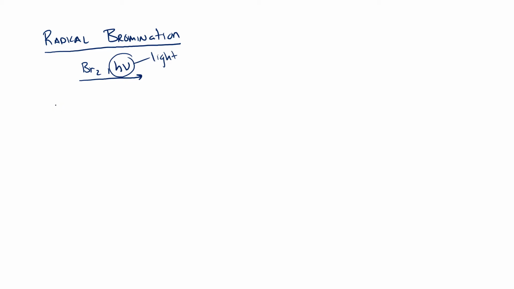And what's going to happen is step one of every radical bromination is going to be homolysis of Br2. Right? So almost every radical reaction is going to start with the fragmentation of a sigma bond.